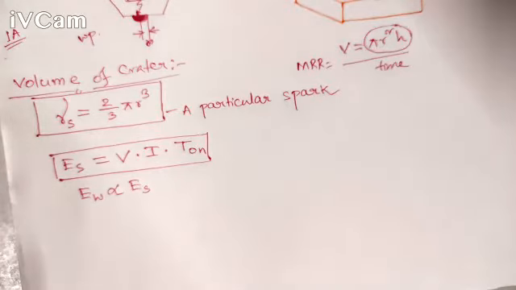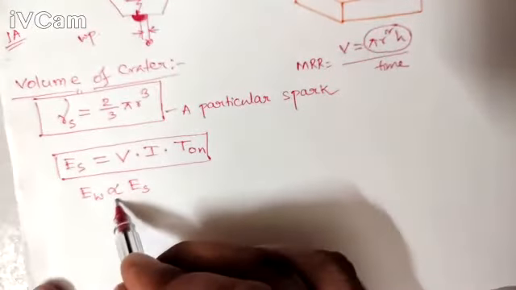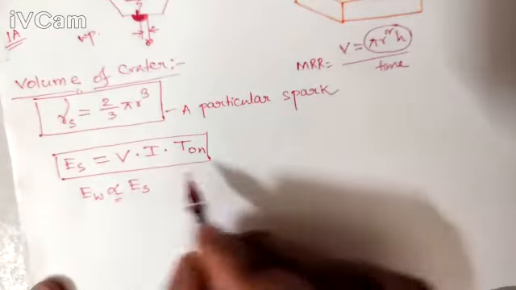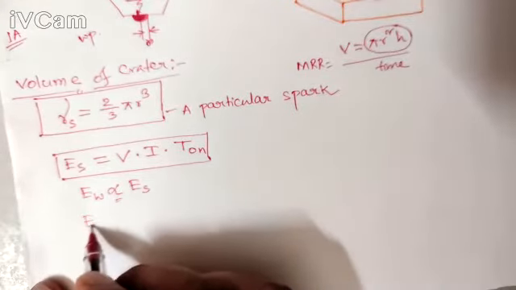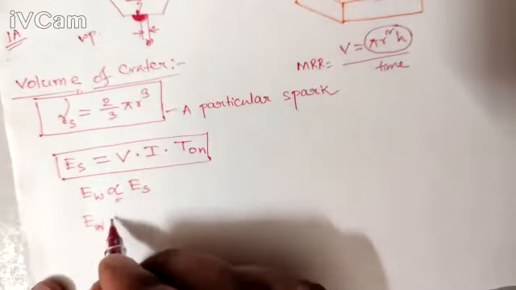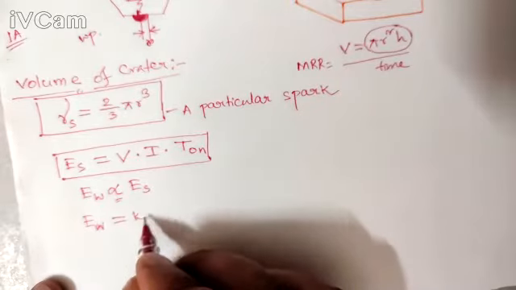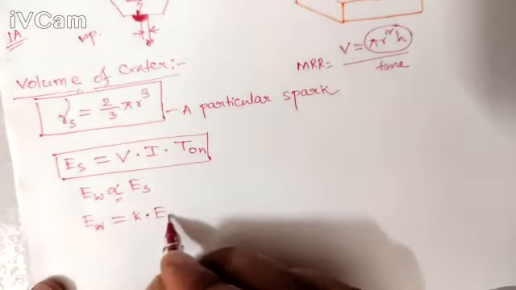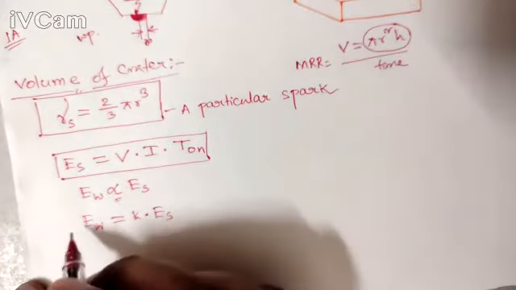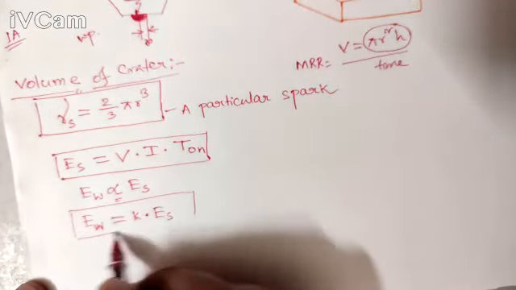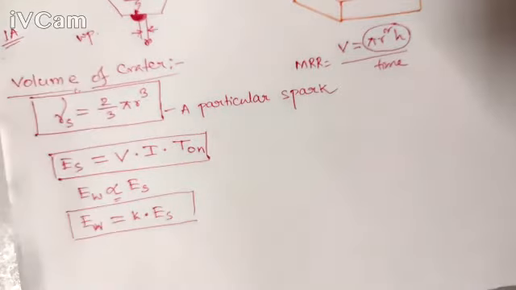Now, if we remove this proportionality symbol, we can write EW, working energy, is equal to K, which is a constant, multiplied by ES. I hope you people have noted down. Yes or no?